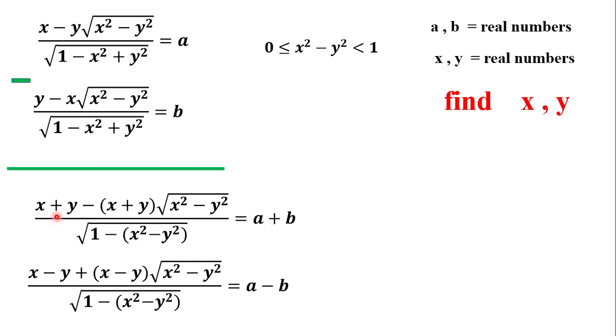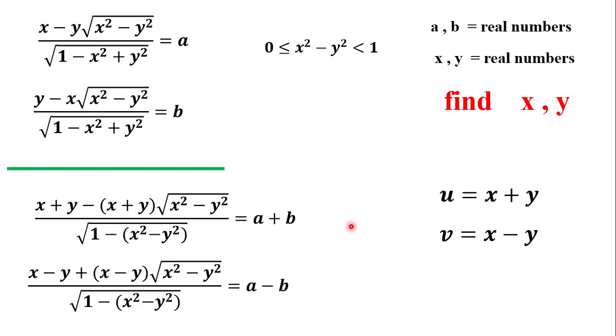Now we have x plus y and x minus y in our equations. So we can use the change of variable technique, and we can let x plus y equal u and x minus y equal v.